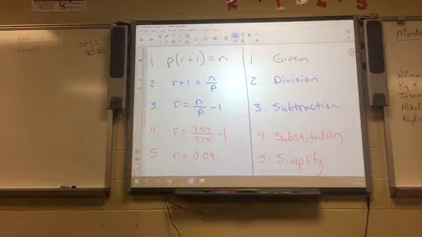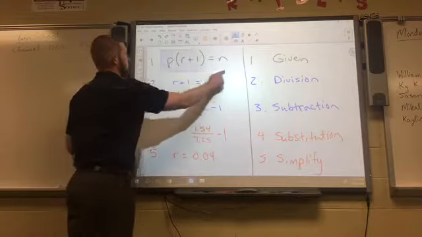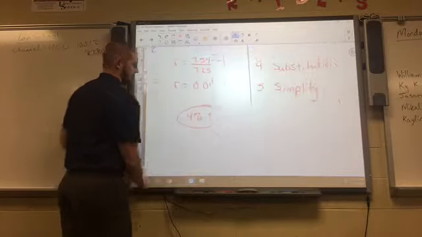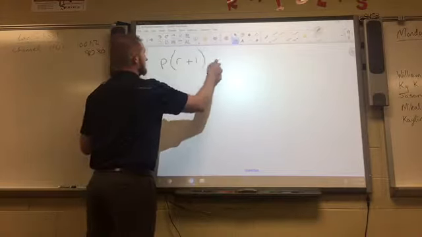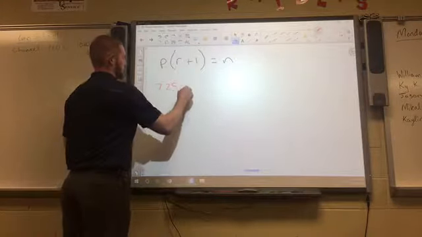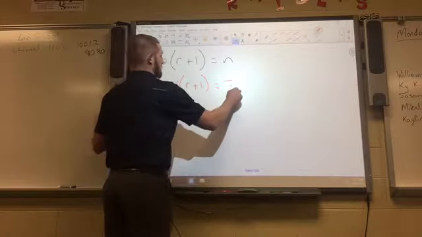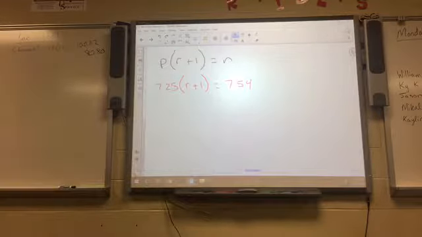Okay, in the directions, that was the first thing it said, solve for R. If it doesn't tell you that you have to solve for R, would it be okay if I just took my 7.25, plugged it in for P, 7.54, plugged it in for N, and solved? If they didn't want me to solve for R first, would I get the same answer? You should, right? Because you're still solving for R.